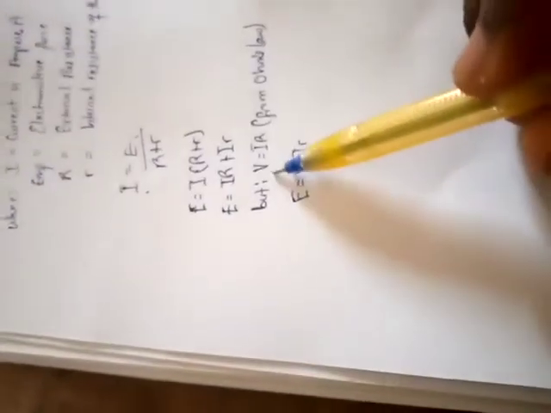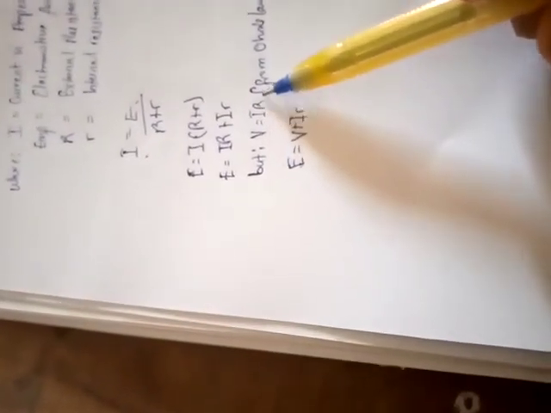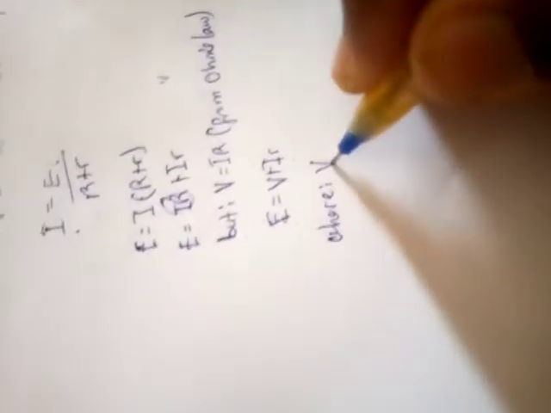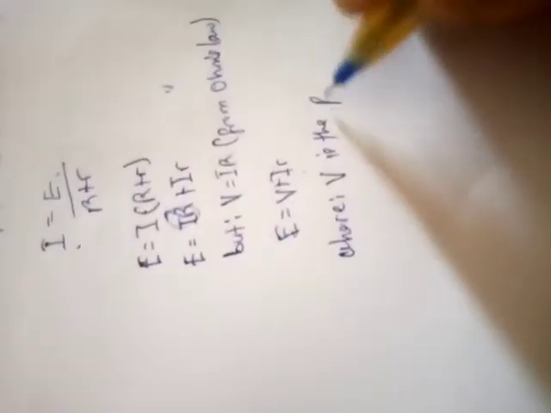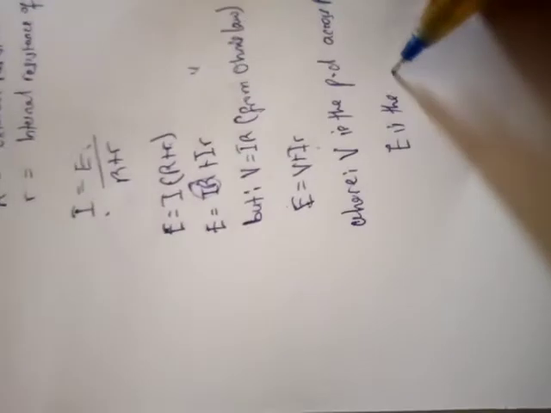So this IR is also the same as V. E is equal to V plus Ir, where V is the potential difference across big R and E is the EMF of the cell. Now this is all under current in the circuit.